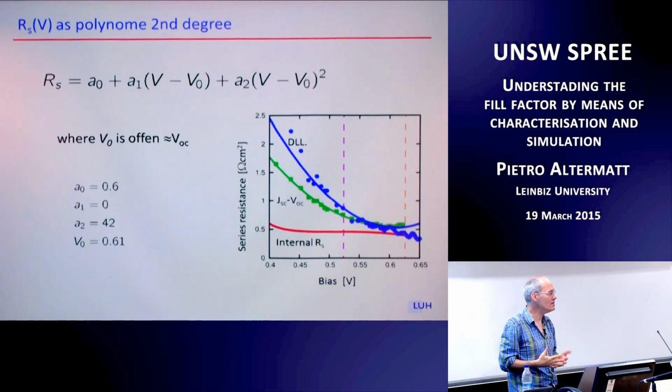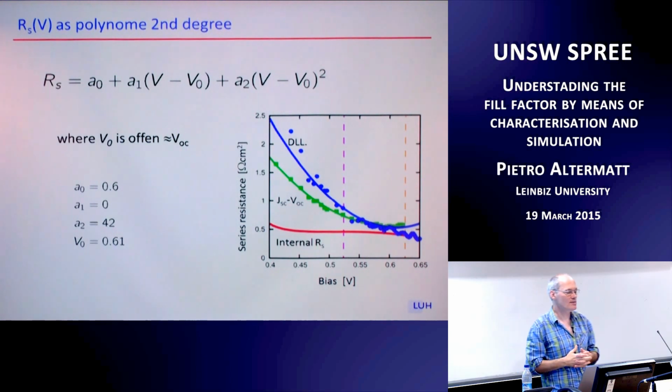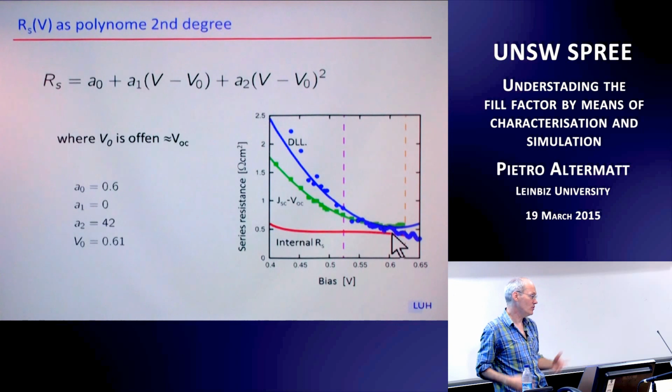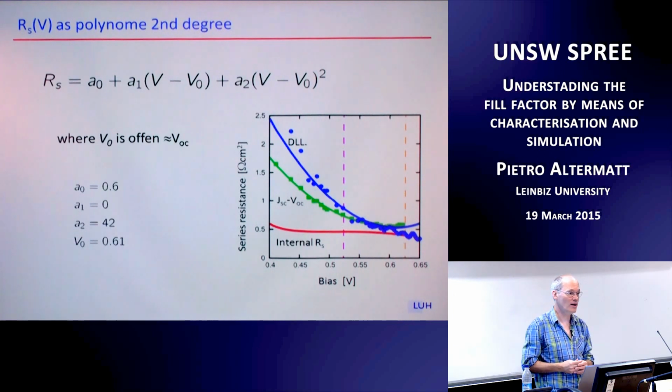This has various reasons. One is it's a spreading resistance. The other is the base has often more minority carriers, so it gets more conductive, and that lowers the internal resistance a bit. Like in this example, you see it lowers here towards VOC. This was a 1 ohm centimeter base, but if you work with, say, 2, 3, 5 ohm centimeter, then that will drop much more there.